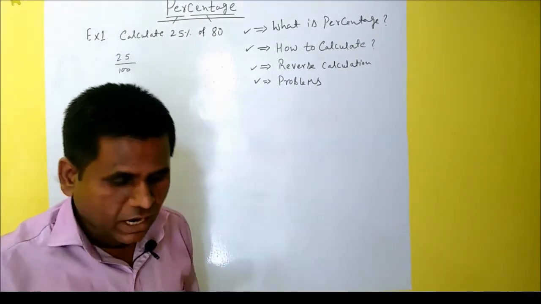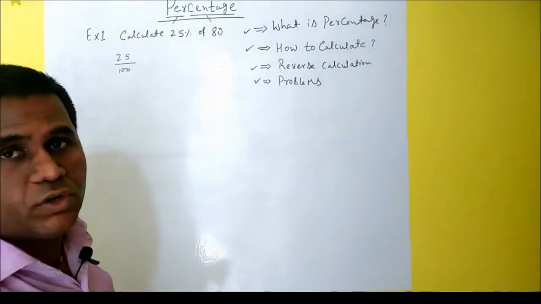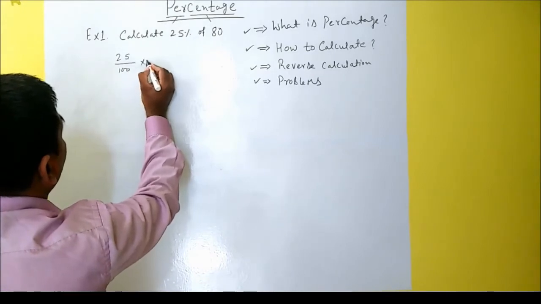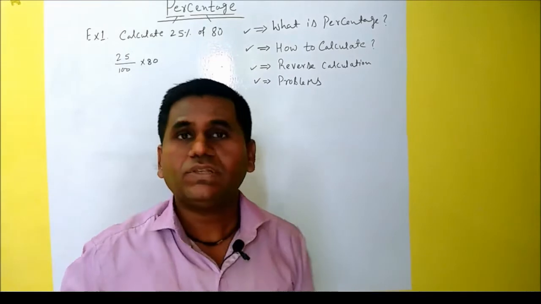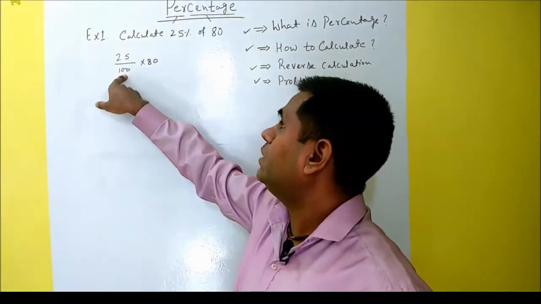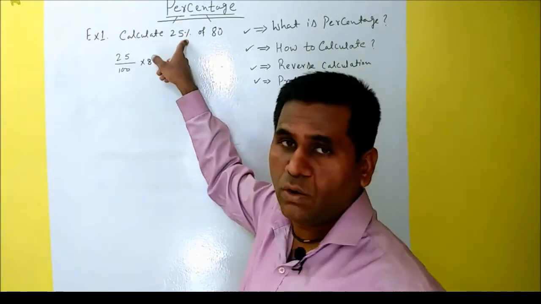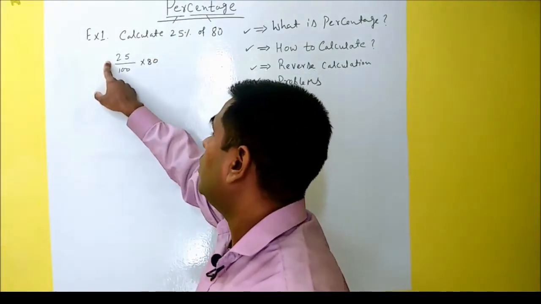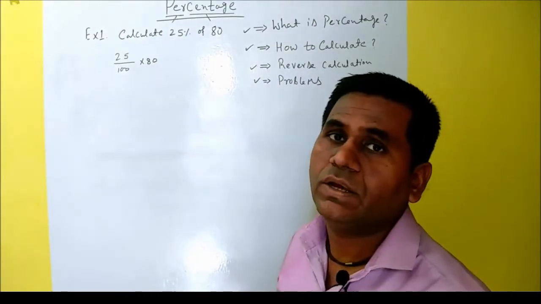So out of 80, how much? So whenever you see this 'of' symbol, what you can do is you can write it like this: 25 by 100 into 80. That means out of 100, 25. Because it is 25%, we know percentage means out of 100. So out of 100, 25. So out of 80, how much? So we have to multiply this by 80.